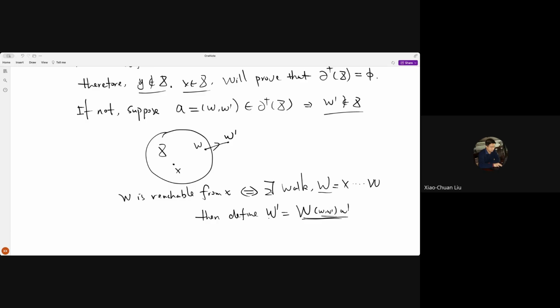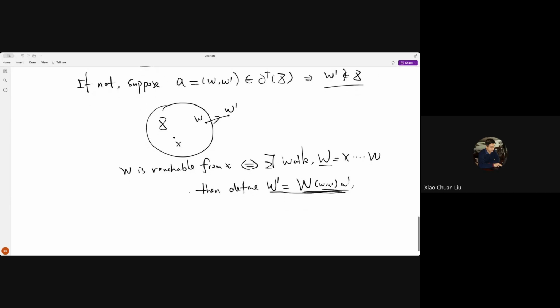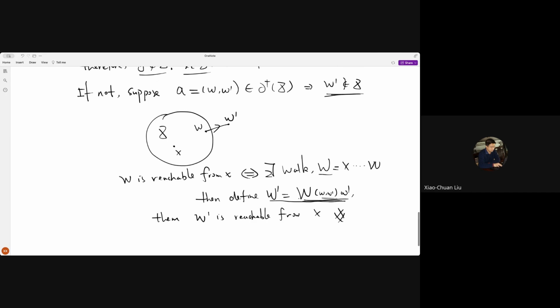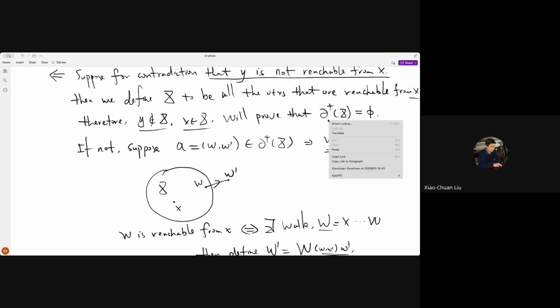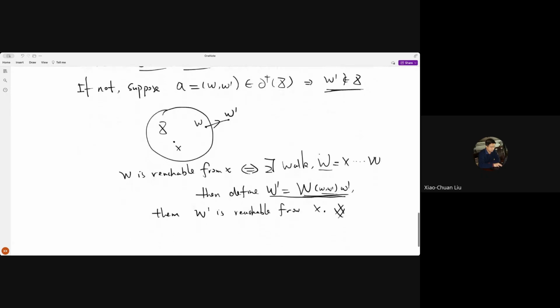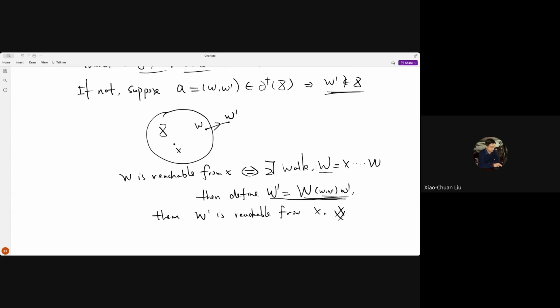So this is the form of a walk. Then what does it mean? It means that w prime is reachable from x, a contradiction. Okay, so w prime is not in X, because by definition, big X is all the vertices that are reachable from x. So we got a contradiction.